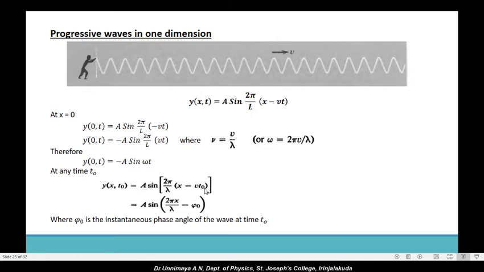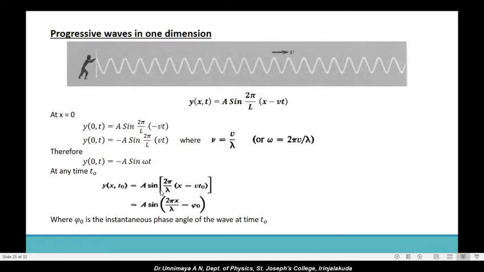Instead of 2 pi v by lambda, we can substitute omega. So the second term will be omega t0. Omega t0 can be replaced with phi 0. So this equation becomes a sin (2 pi x by lambda minus phi 0).